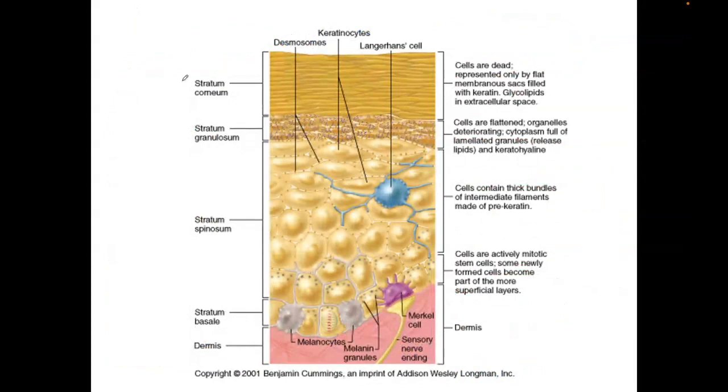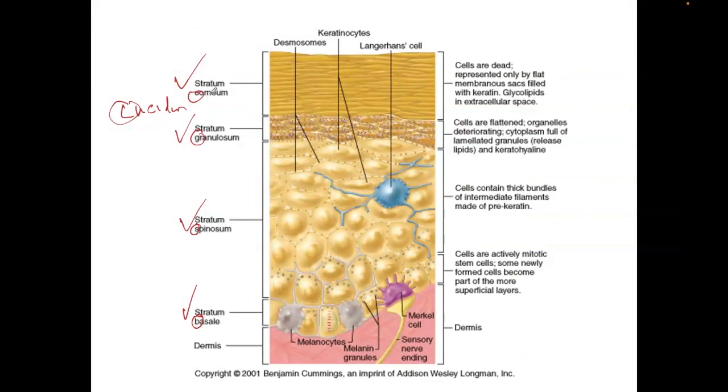Okay, so this just shows the different layers again: stratum corneum, granulosum, spinosum, and basale. The layer that we don't see here is the lucidum. Cher loves getting skin Botox.